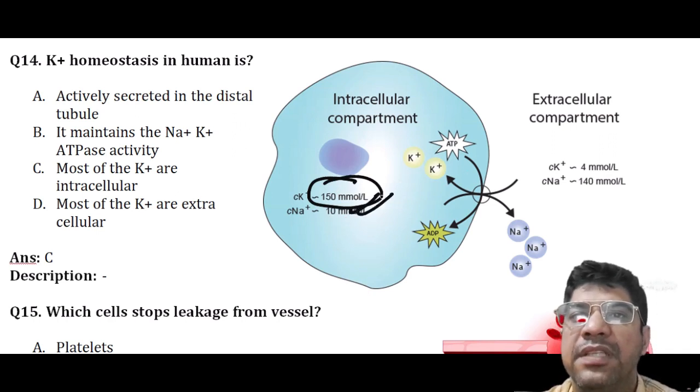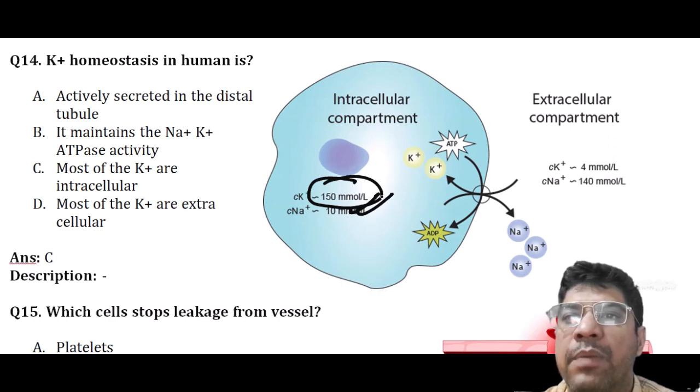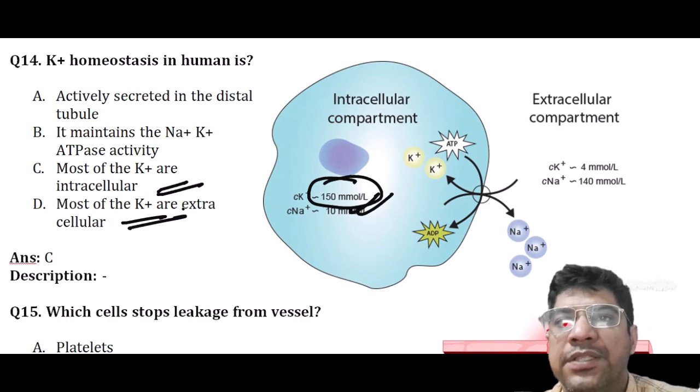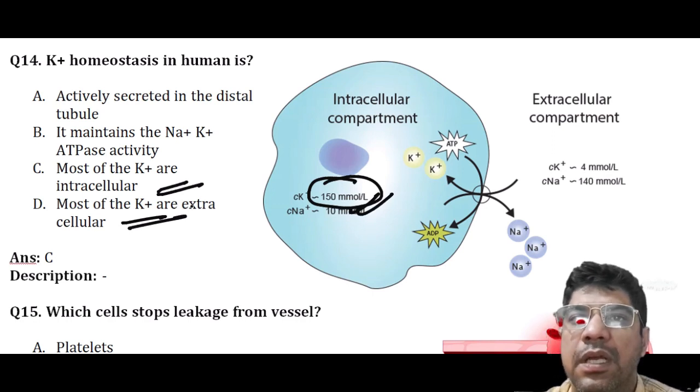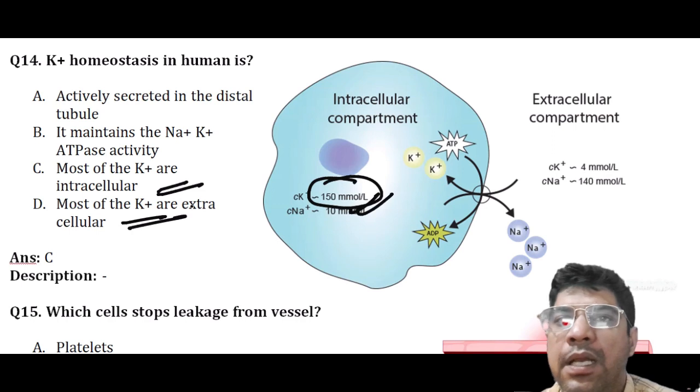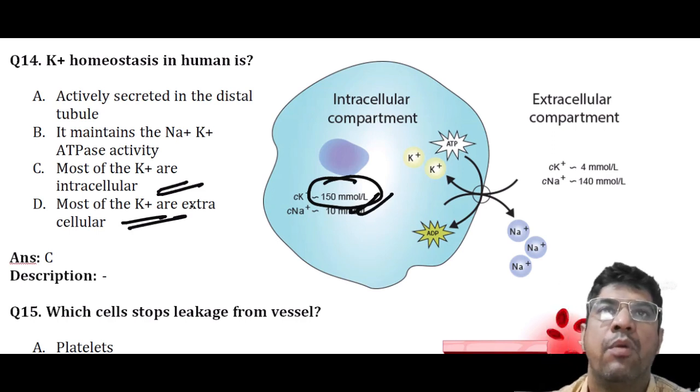While the other options, like active secretion of potassium in the distal tubule or maintenance of sodium potassium ATPase activity, also play a role in potassium regulation, the distribution is the fundamental aspect of potassium homeostasis.